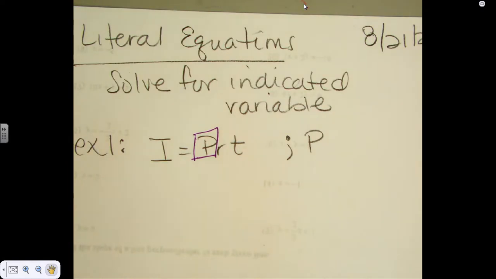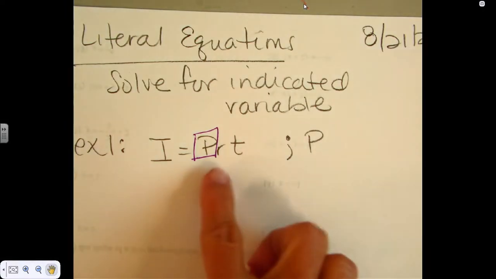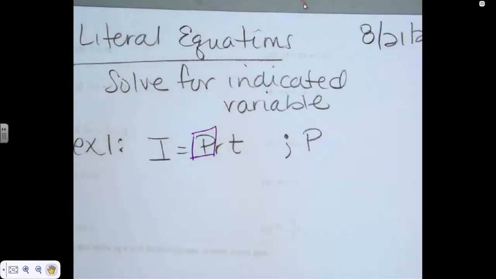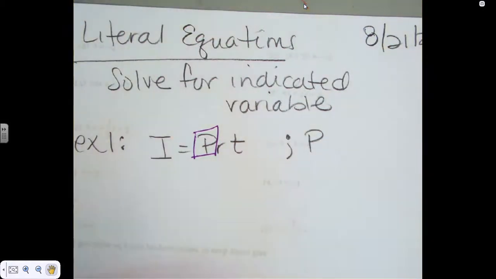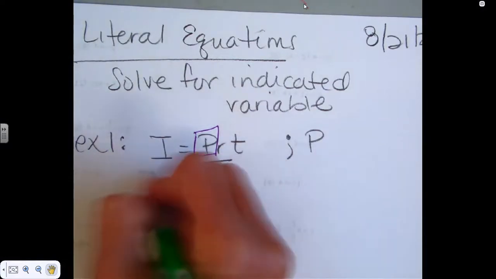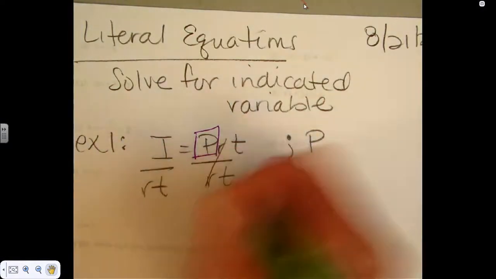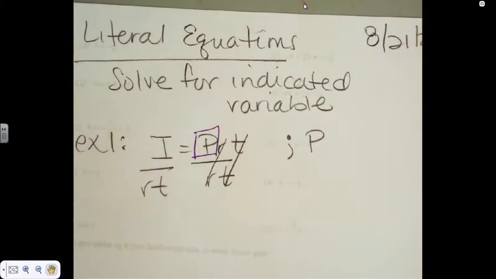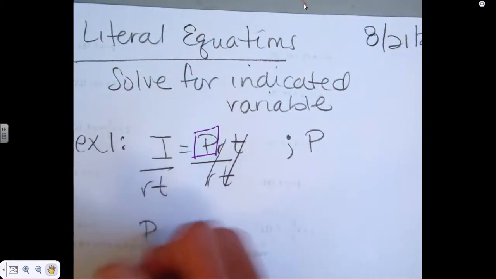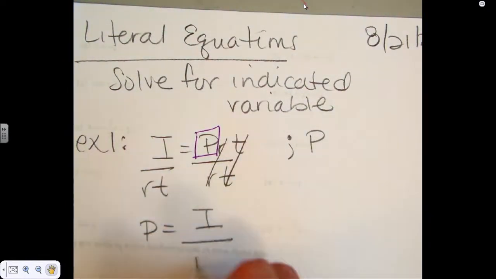So I need to think of what's being done to P. Well, what's being done to P is I'm multiplying it by RT. So I need to undo that. So if I'm multiplying by RT, the inverse operation would be divide by RT. Now the R's and the T's cancel, and you're left with P is equal to I over RT.